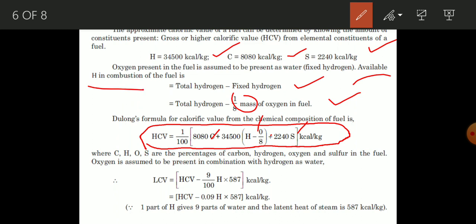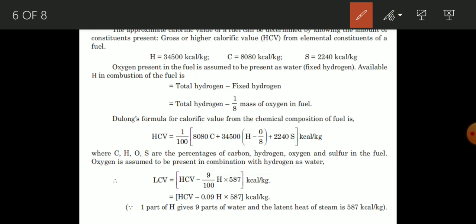So in that formula, 34,500 into hydrogen minus oxygen divided by 8, where carbon, hydrogen, oxygen and sulfur are the percentages of carbon, hydrogen, oxygen and sulfur in the fuel.